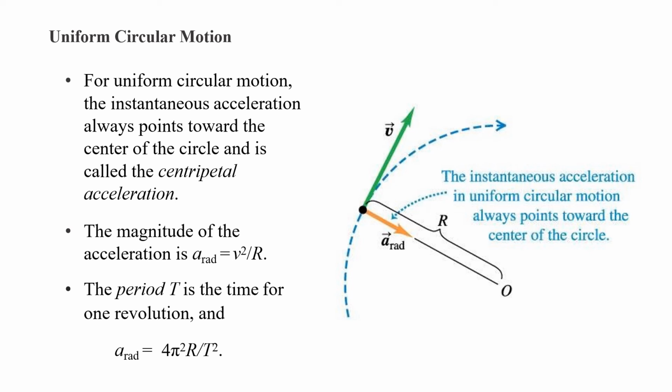We can also write this equation for the radial acceleration in terms of the period T, where the period T is the time for one revolution. And writing the equation in terms of T, we have the radial acceleration is equal to 4 pi squared times r over T squared.